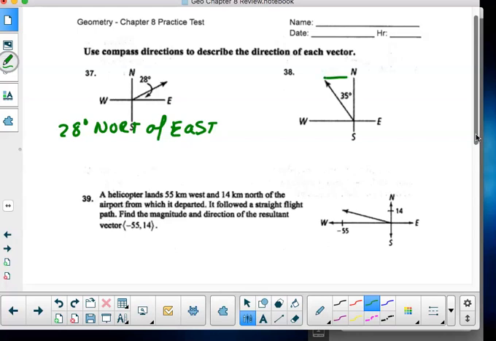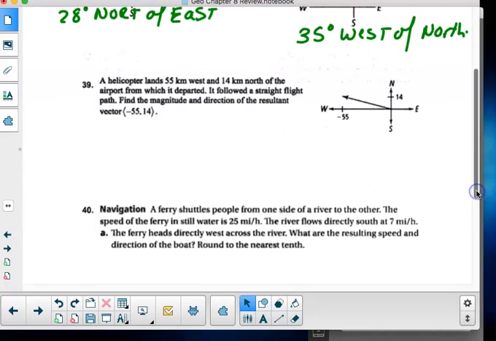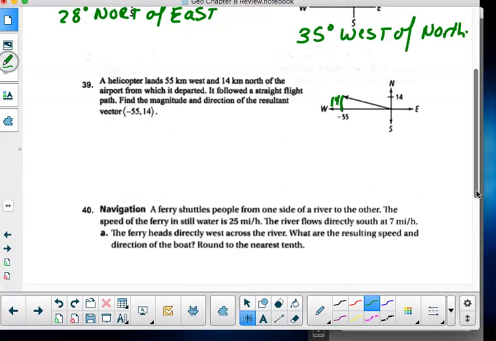Here, remember I'm closing it in there, so I'm talking about north, 35 degrees west of north. Now, a helicopter lands 14 kilometers north. So this is 14 north. This is 55 west.